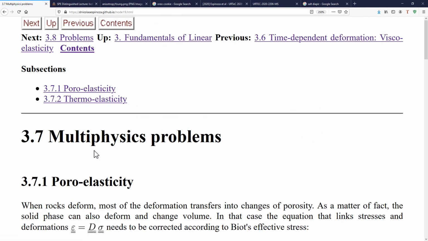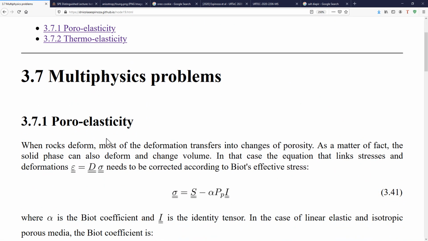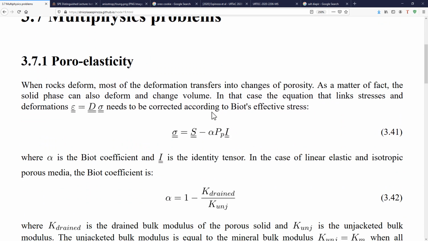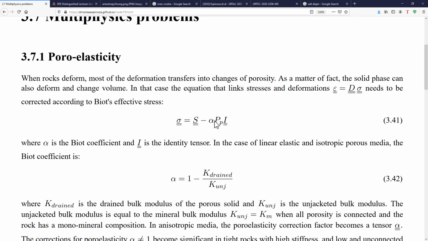the last topic that we're going to see in order to understand a little bit better the real deformational response of rocks is the response that rocks have to pore pressure. We have seen that the deformation of a rock depends on effective stresses.